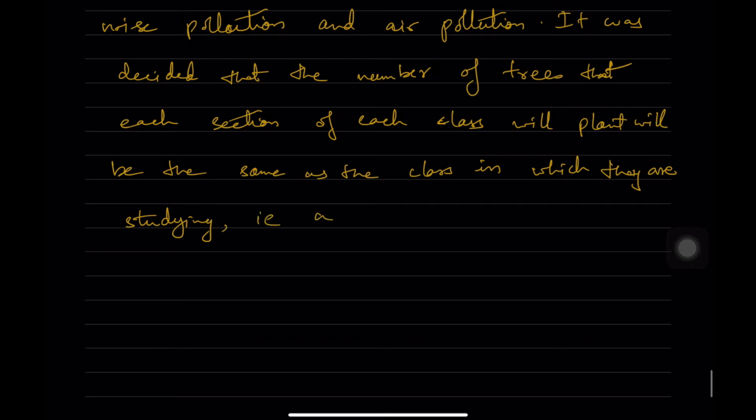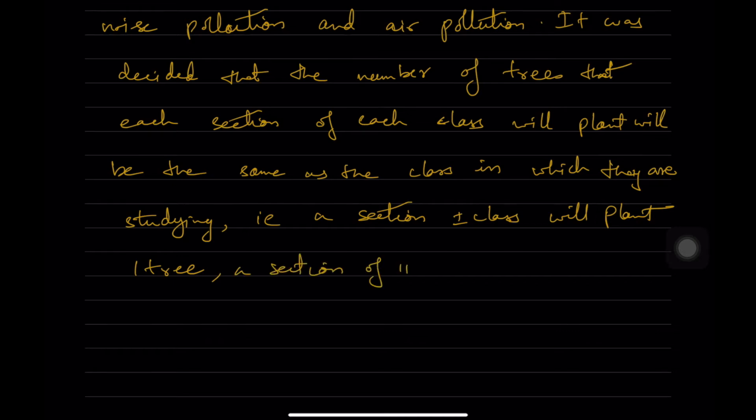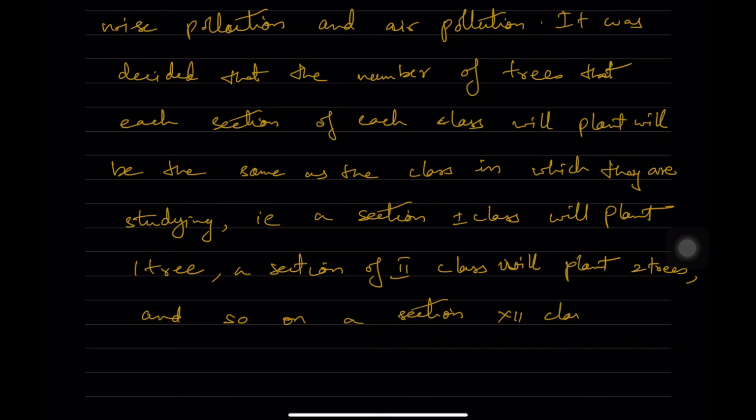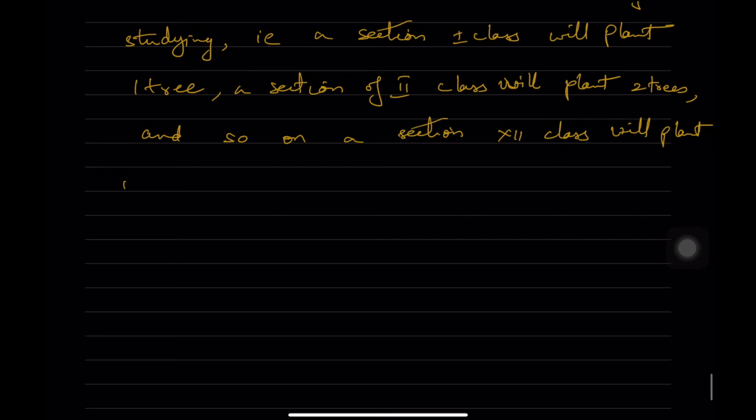That is, a section of first class will plant one tree. A section of second class will plant 2 trees, and so on. A section of 12th class will plant 12 trees.